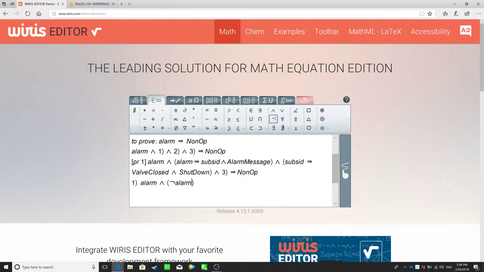Did you see something exciting? We said alarm and we said negation alarm. There's a potential there. We can combine them and remove something, right? So it's negation alarm or negation P1 or P2.